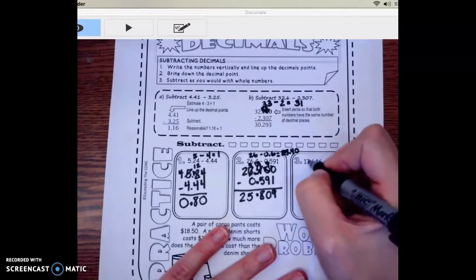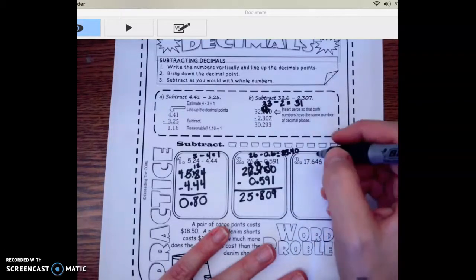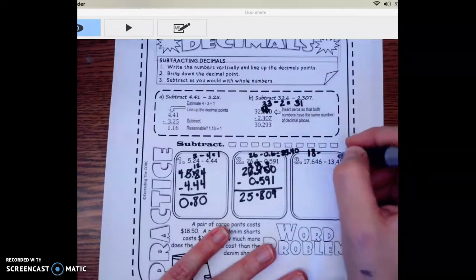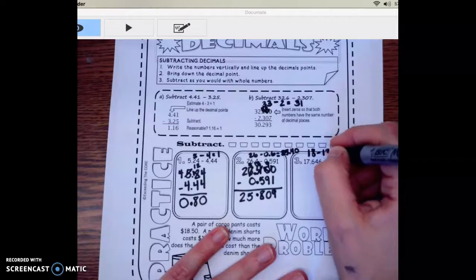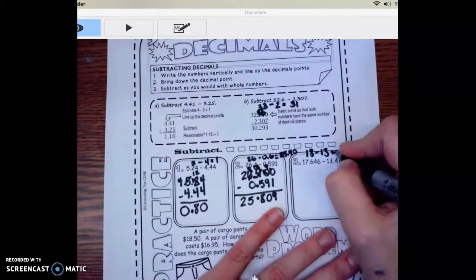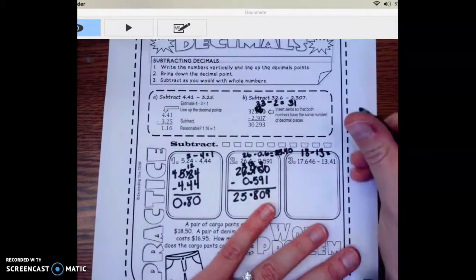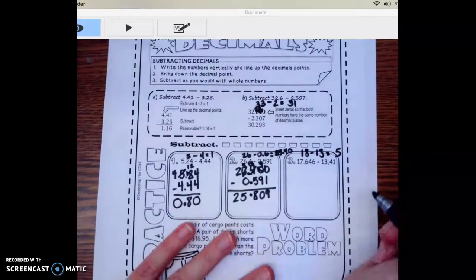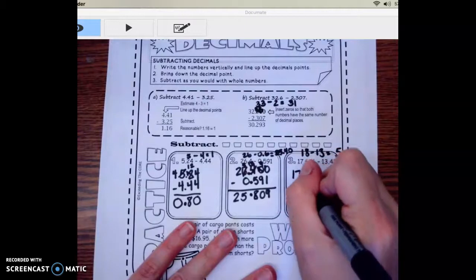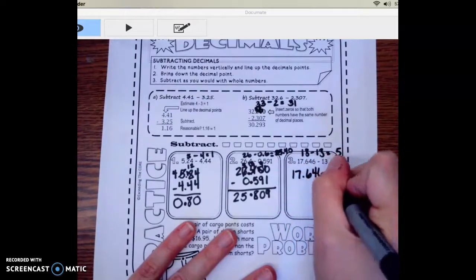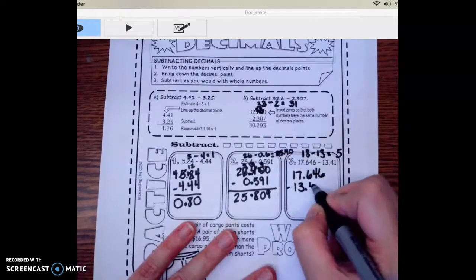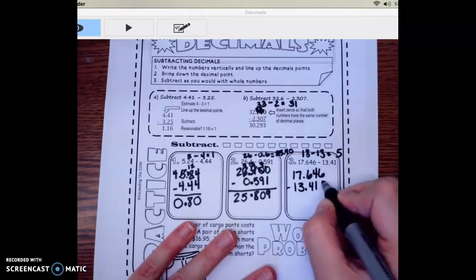Okay, let's quickly round 17 and 646 thousandths to 18. 13 and 41 hundredths to 13. 18 minus 13 is 5. Now I'm ready to rewrite my numbers vertically, lining up my decimals. Oh, I have a blank spot.